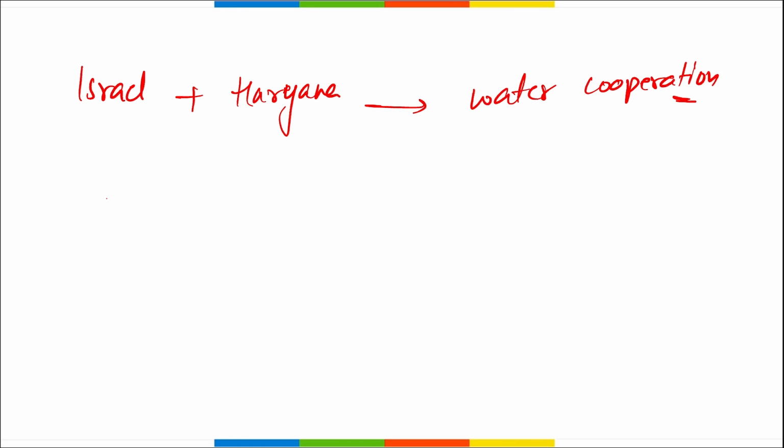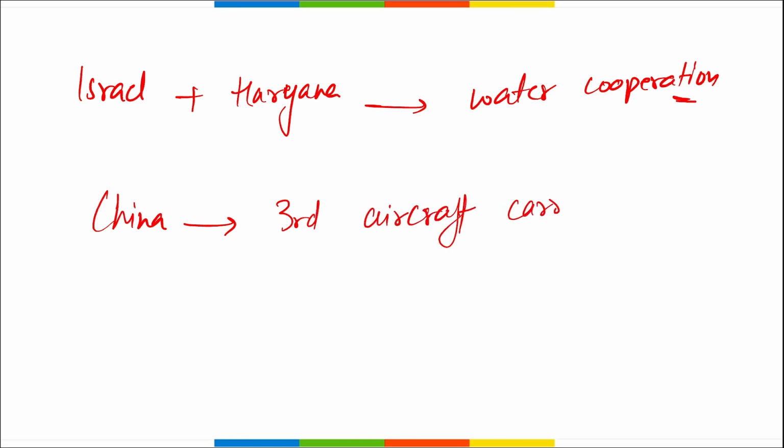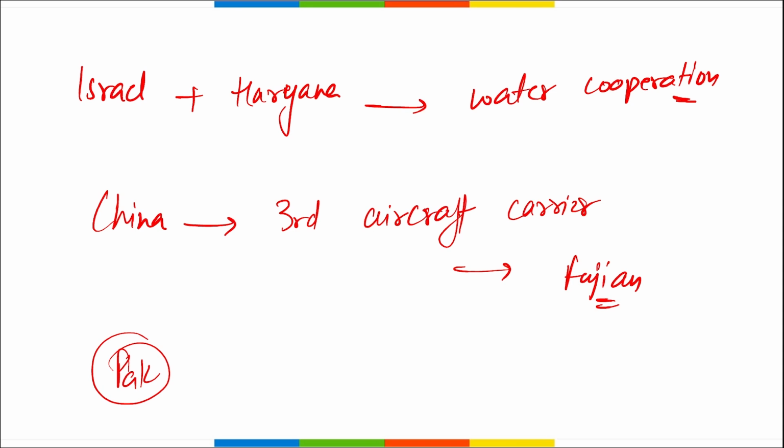Then we saw that China has launched a third aircraft carrier. What is the name of this third aircraft carrier? It is Fujian. Then remember, Pakistan will still remain on the FATF's grey list. There is no change on it.